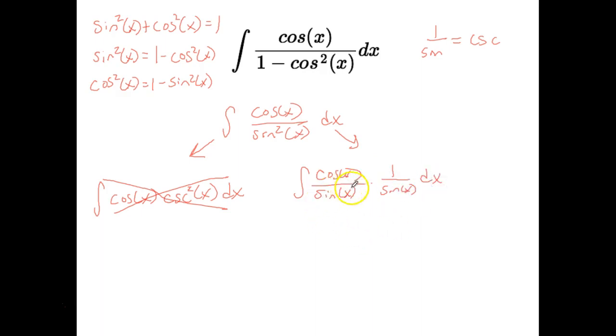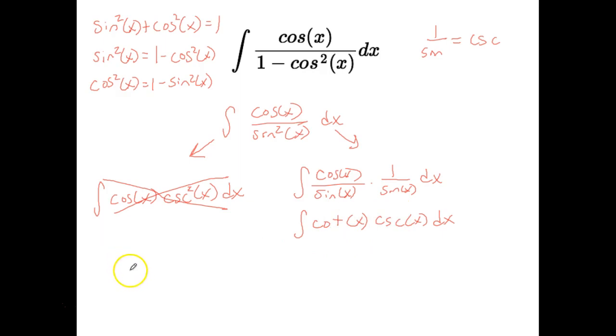Okay, now I know this is something that you guys probably wouldn't have recognized, but I'm showing it to you now, so now you know that this is a route you can go. Okay, cosine over sine, that is the same as cotangent, right? And then 1 over sine, I already told you guys, is the same as cosecant. Okay, and that we do know the answer of.